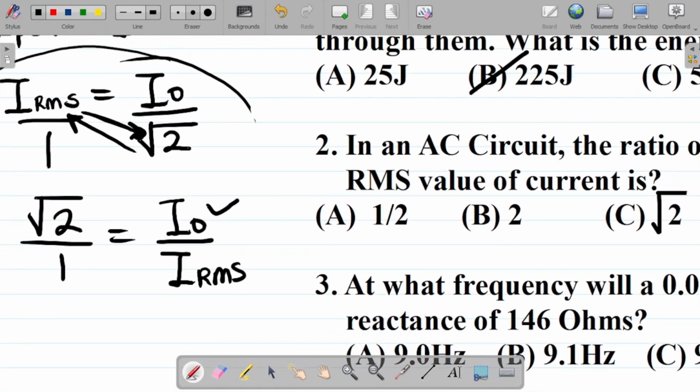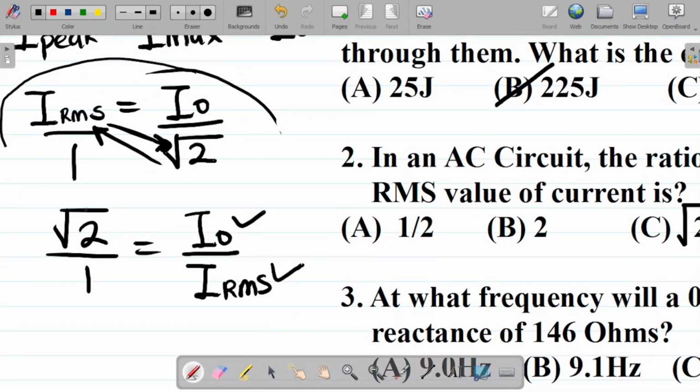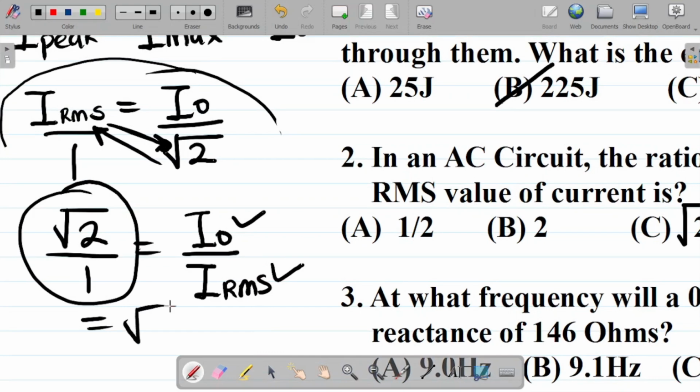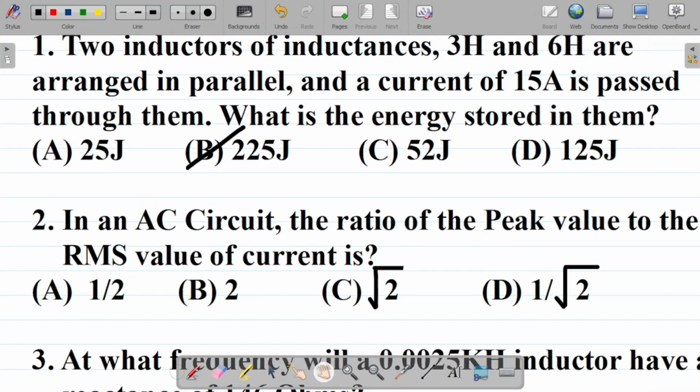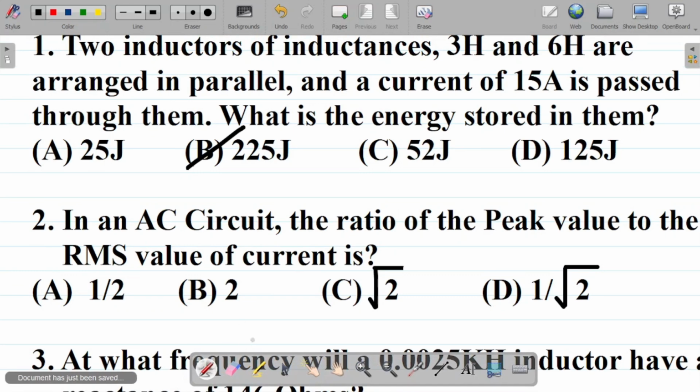So you can see peak as numerator, RMS as denominator. The value gives you root 2 over 1. And we know that root 2 over 1 gives you root 2. So the answer is root 2. So the correct option here is option C, root 2. All right, that's the answer for question 2.